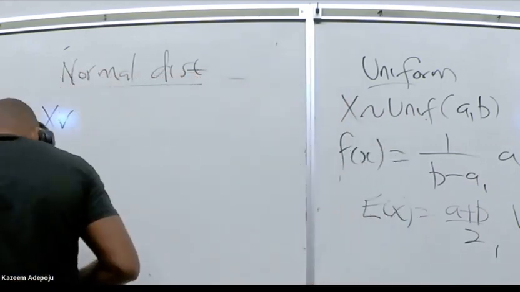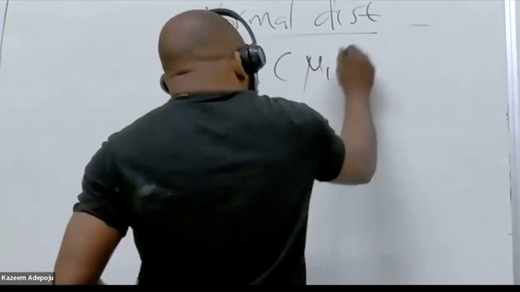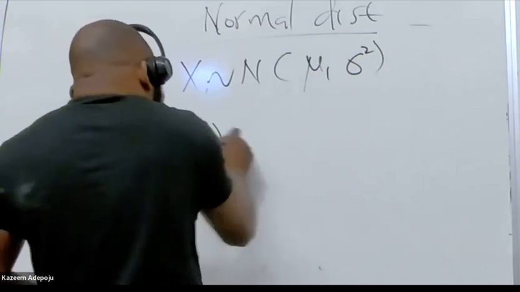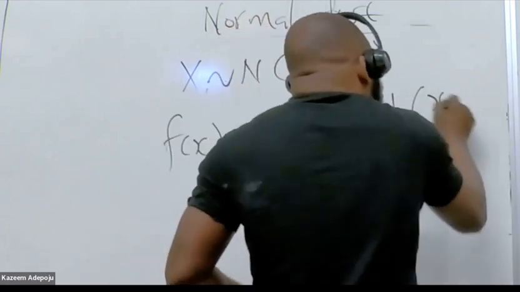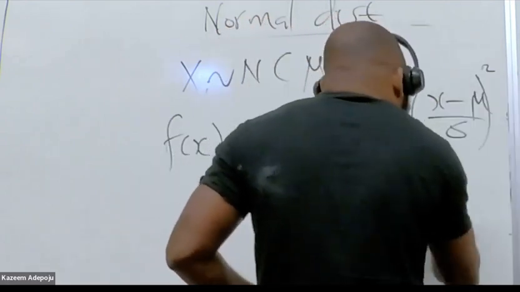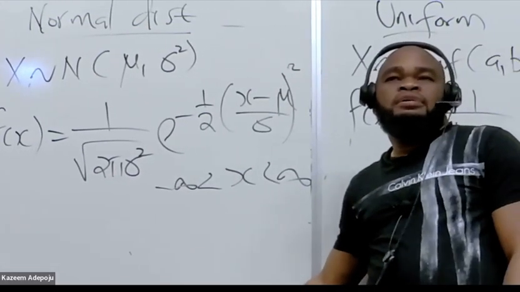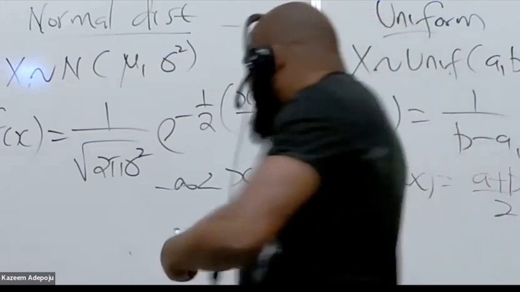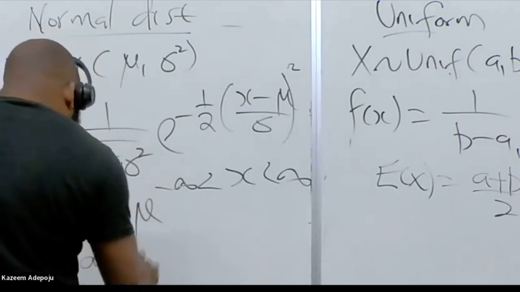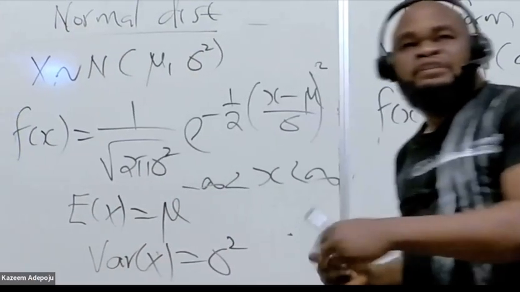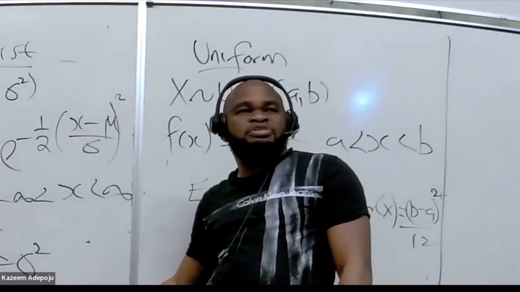X follows normal distribution with parameters mu and sigma squared if f of x can be written as 1 over square root of 2 pi sigma squared, exponential, x minus mu divided by sigma, squared, where x lies between negative infinity and infinity. The expected value of x here is mu. The variance of x is sigma squared. Therefore, the standard deviation will be sigma for your normal distribution.